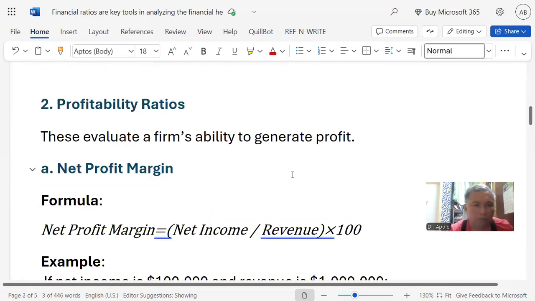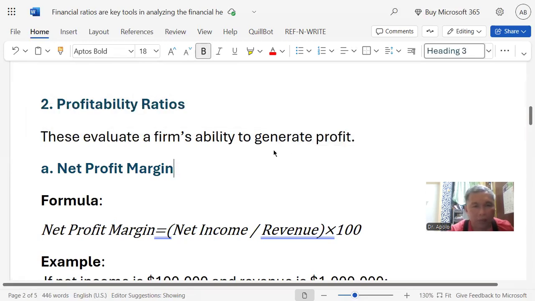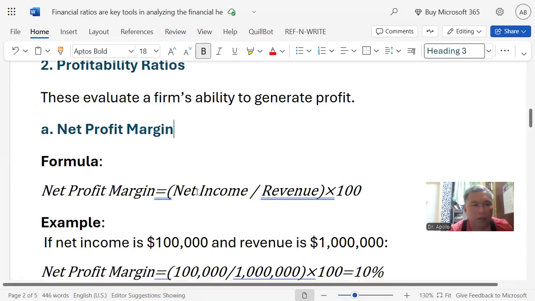Number two is profitability ratio. This evaluates the firm's ability to generate profit, how profitable the company can be. The formula for net profit margin is net income divided by revenue times 100%.